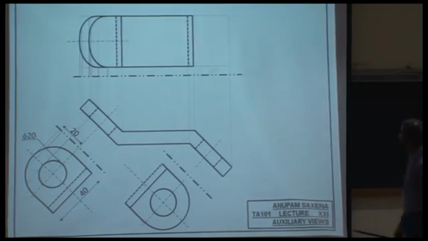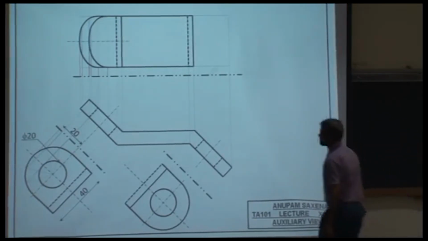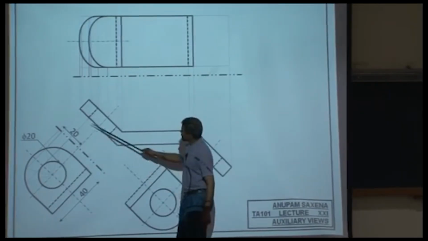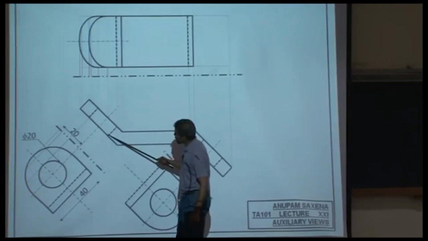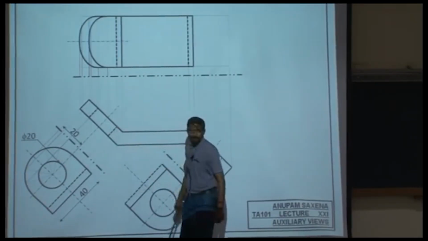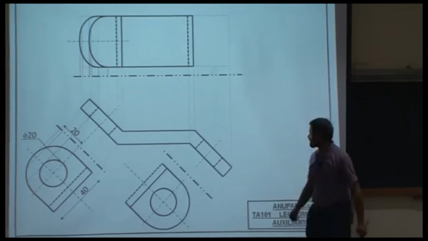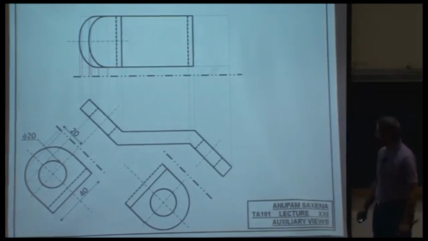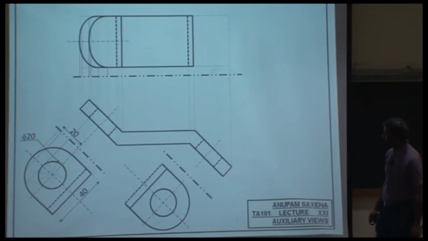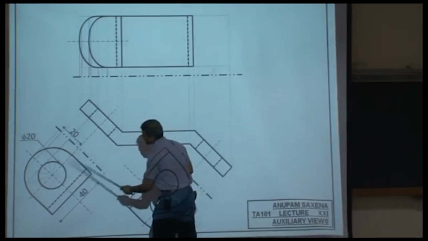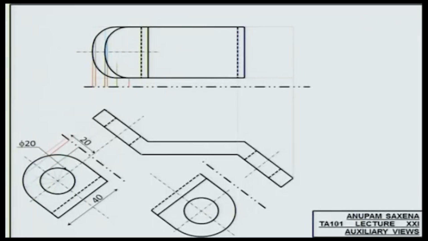How about the circle? There is a void over here at the bottom surface, and there is a void over here at the top surface. Treat them one by one. Same thing, same distances concept. So divide the circle also into equal parts and take distances of the points lying on the circle from the hinge line and transfer them.